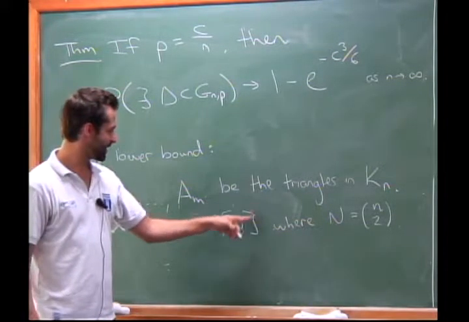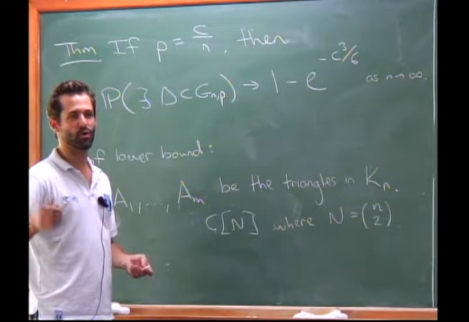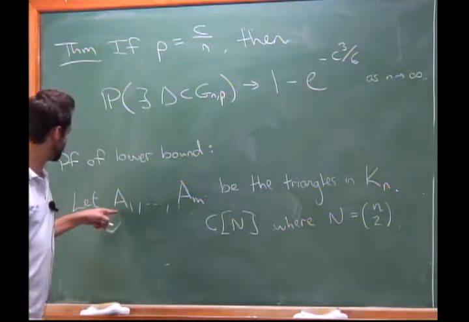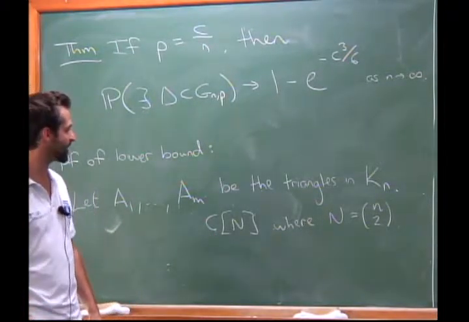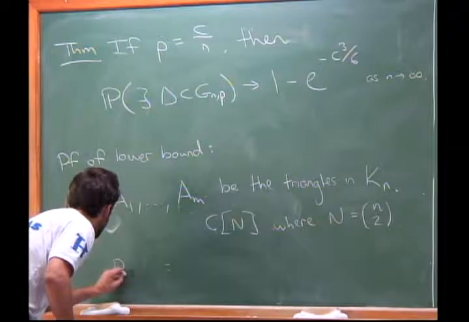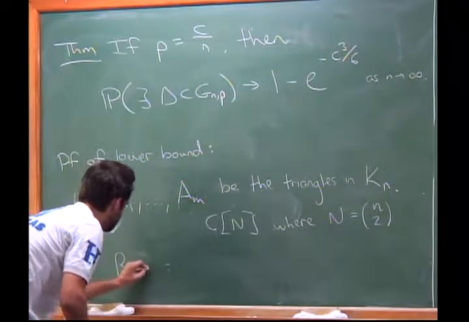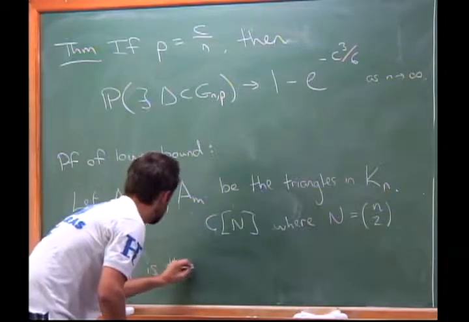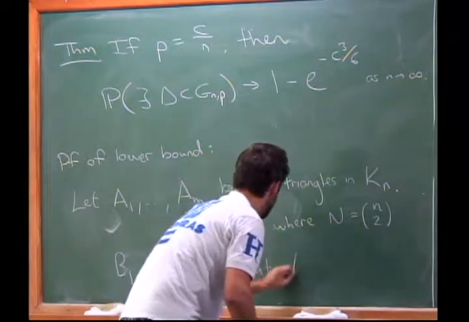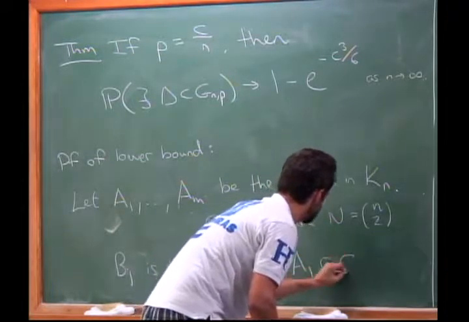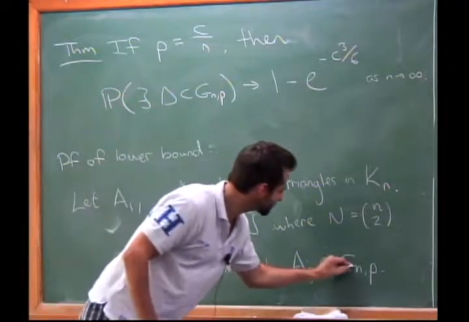So we think of this set as being just a collection of edges listed in some order. It doesn't matter what order. And each Ai is a triple forming a triangle. Okay? And then Bj is the event that Aj is contained in G(n,p).